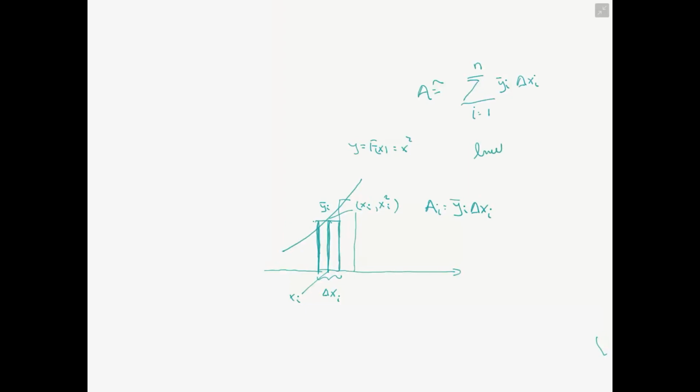But then what we say is that as the limit of delta x goes to 0, then this sum of y_i delta x_i is exactly the area.